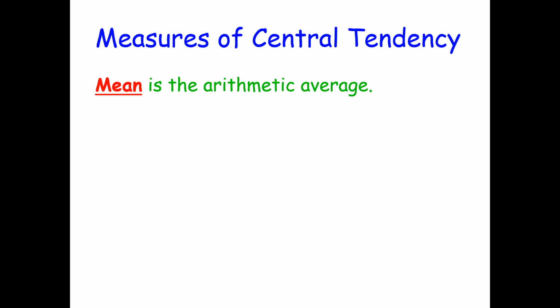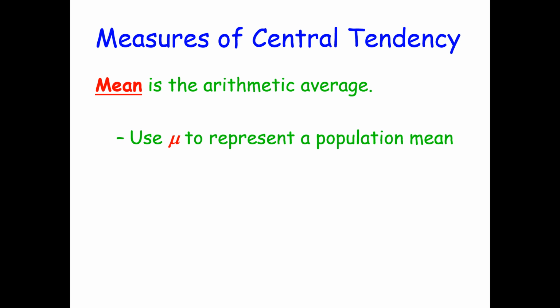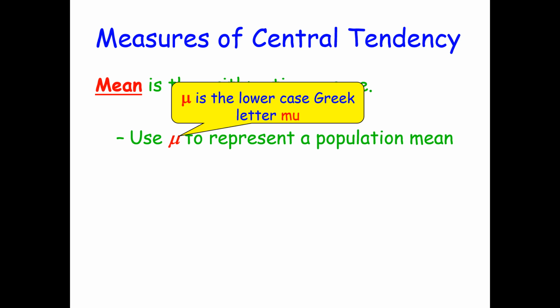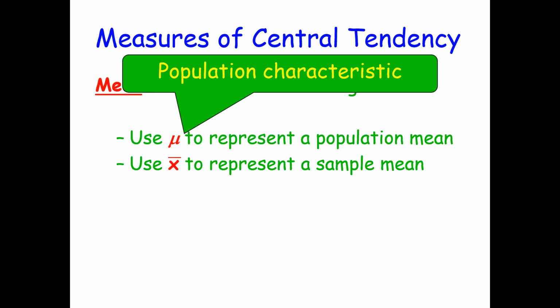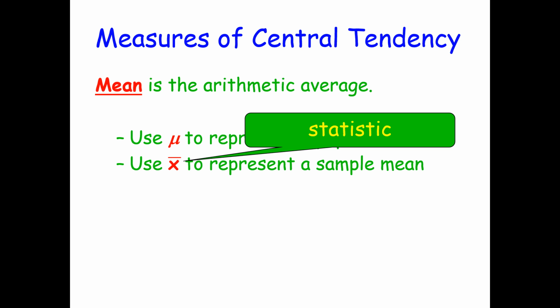The mean is an arithmetic average. We use mu to represent a population mean. Mu is the lowercase Greek letter mu. We use x bar to represent a sample mean. So mu is our population characteristic, and x bar is our statistic.